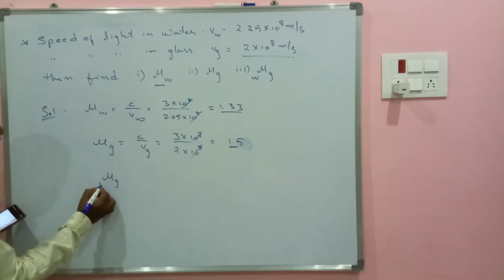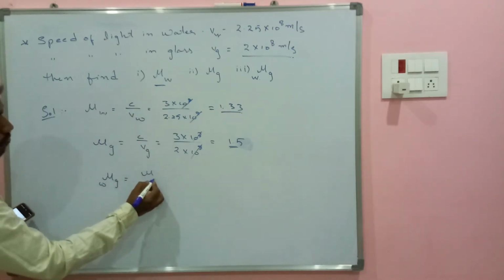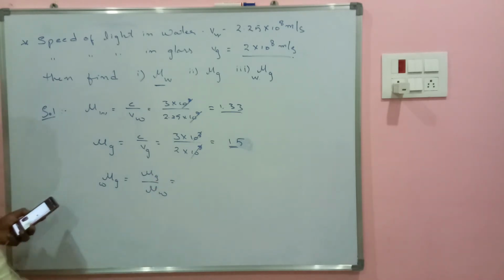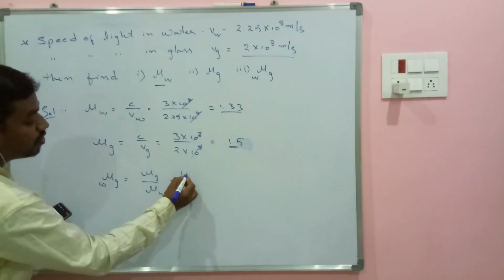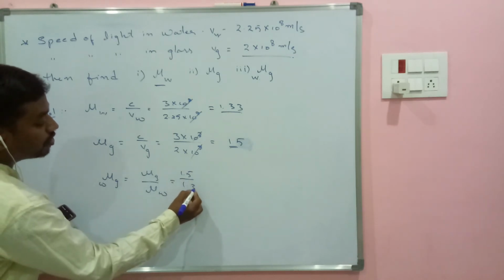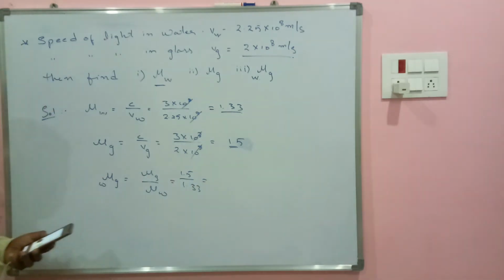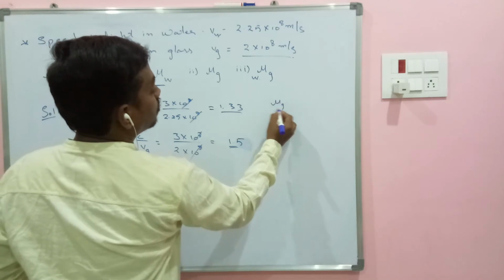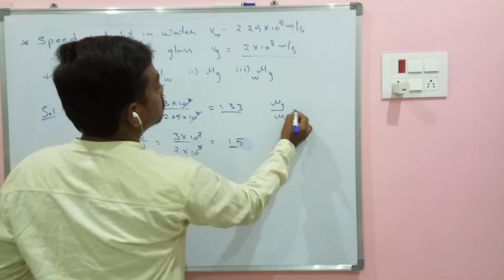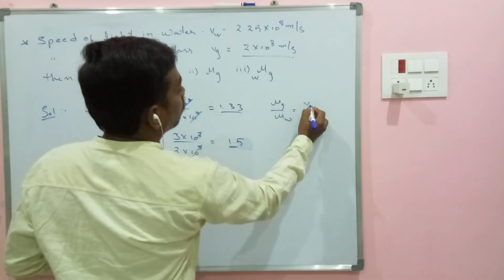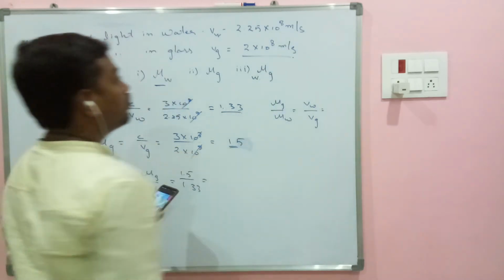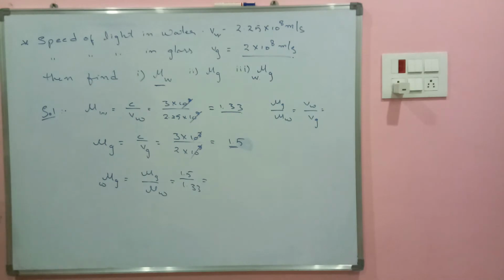Mu GW, how can we write this? As mu G by mu W. So here it is around 1.5 divided by 1.33. You simplify, you will be getting the answer. Another formula also we can use: mu G by mu W is Vw by Vg, 2.25 divided by 2.